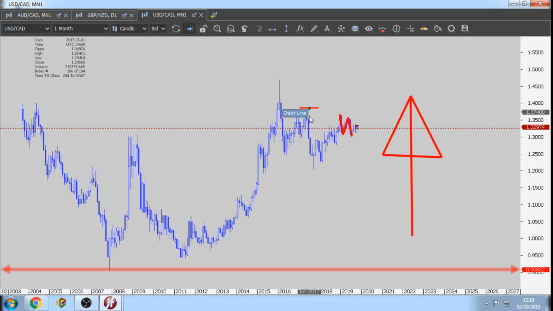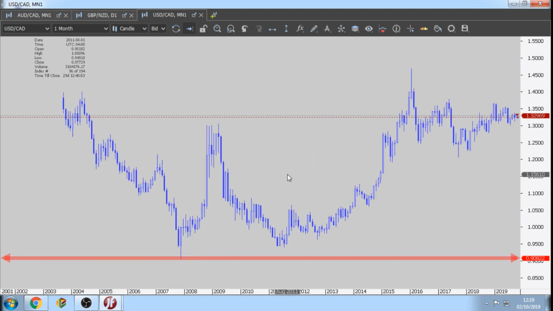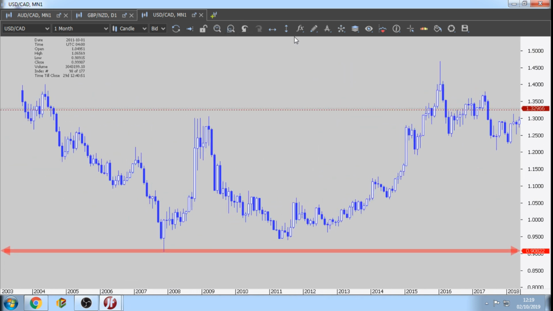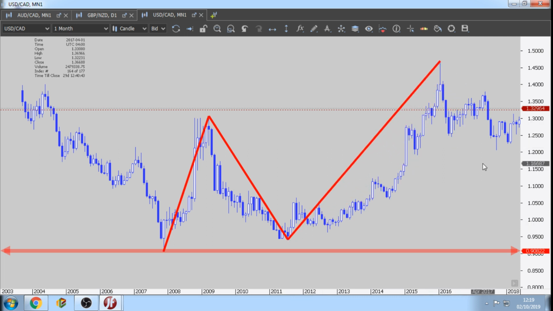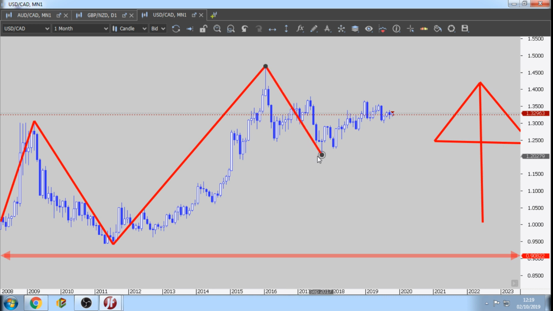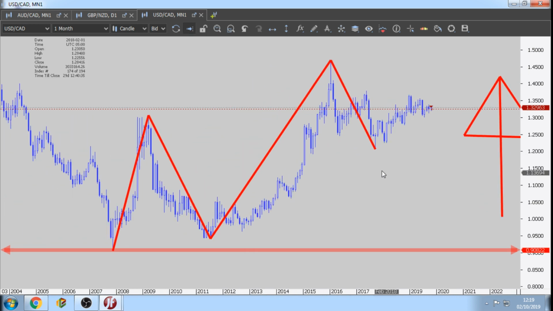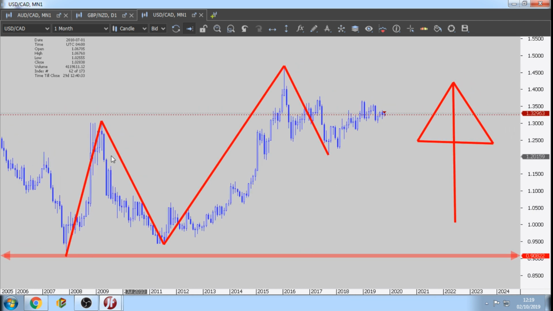Okay, now I'm going to delete this, and we're going to analyze the market structure. So extension, retracement, extension, retracement so far, retracement. Okay, now this is from the monthly. Extension, retracement, extension.